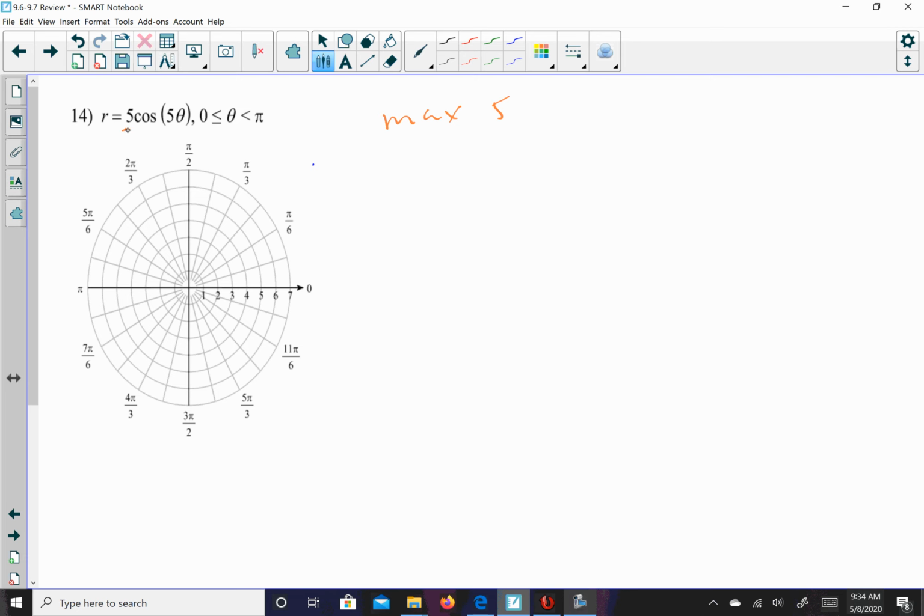Then to find, I'm going to ask myself, when is the cosine of a number equal to 1? Because that's when the max would occur. And that usually happens at 0. So the cosine of 5 theta is going to equal 1. And that happens usually at 0 and at 2 pi.